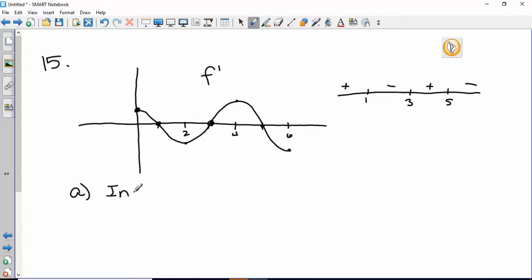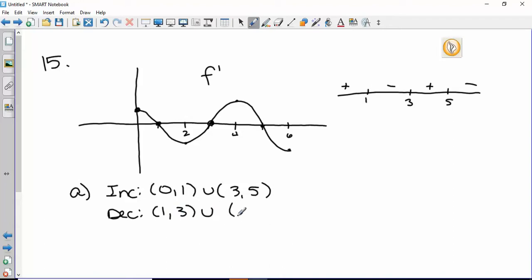So this graph is increasing where this first derivative is positive, which is from 0 to 1 and 3 to 5. It is decreasing where your first derivative is negative, so where it was below the x-axis. That's from 1 to 3 and 5 to 6. This graph stopped at 6. It didn't keep going.